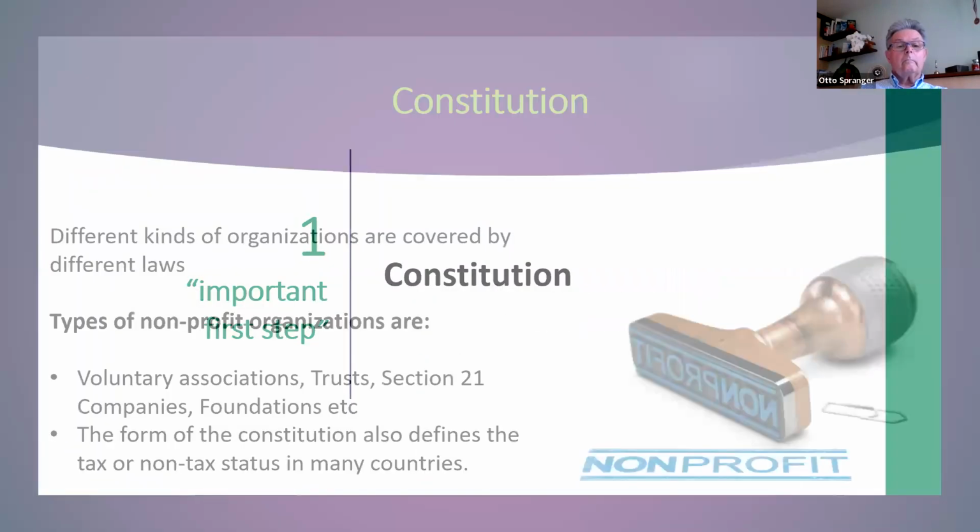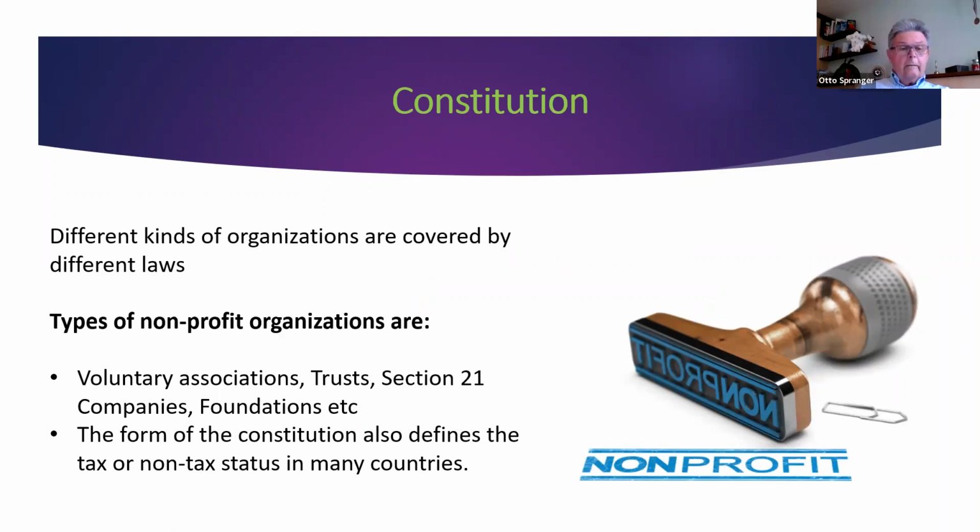There are different kinds of organizations. Types of non-profit organizations are voluntary associations, foundations, and other forms. And the form of the Constitution also defines the tax or the non-tax status in many countries.